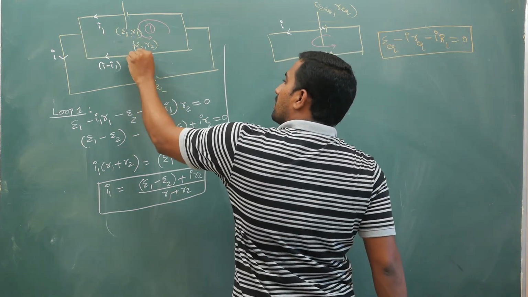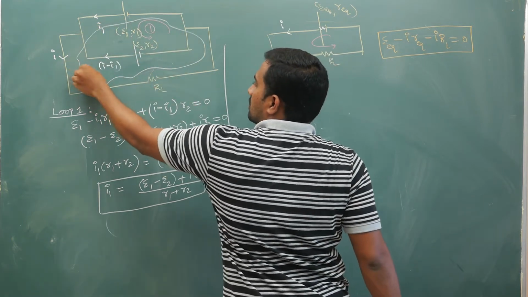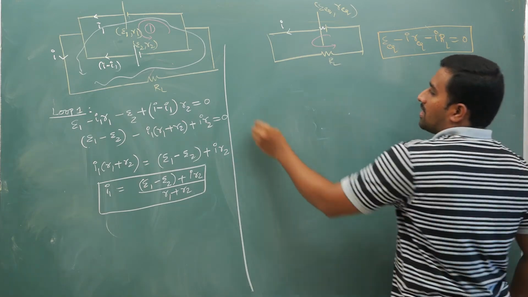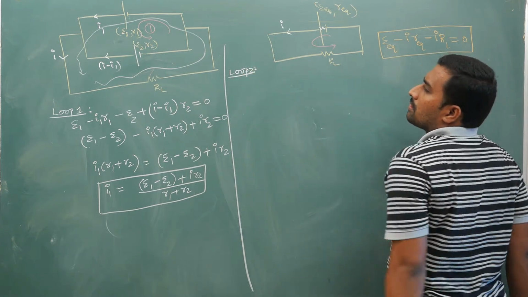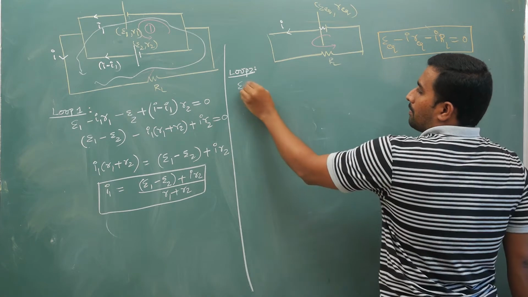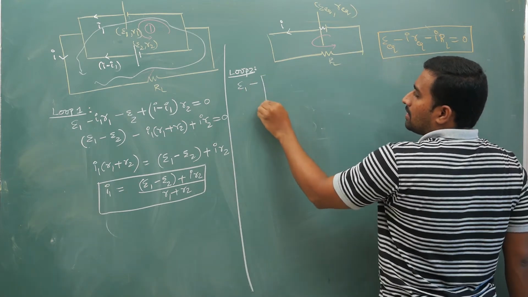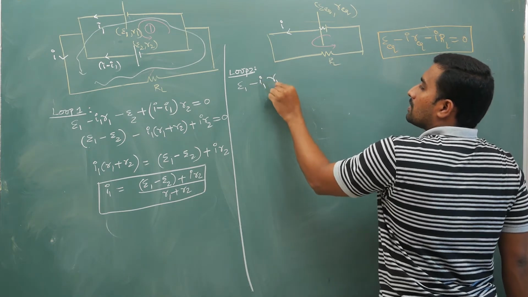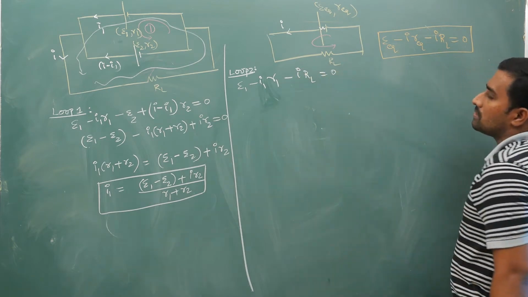This is your E2 R2, I am going to travel like this. Your second loop is that way. So in such a case, loop 2 is plus E1 minus I1 R1, where in the next step I will substitute I1, minus I times R load is equal to 0.